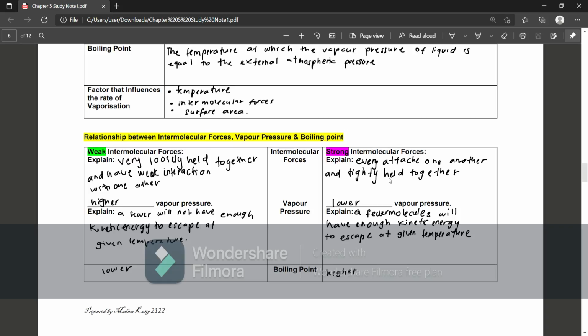So for higher vapor pressure, more molecules will have enough kinetic energy to escape at a given temperature. For lower vapor pressure, fewer molecules will have enough kinetic energy to escape at a given temperature. For boiling point, lower and higher.